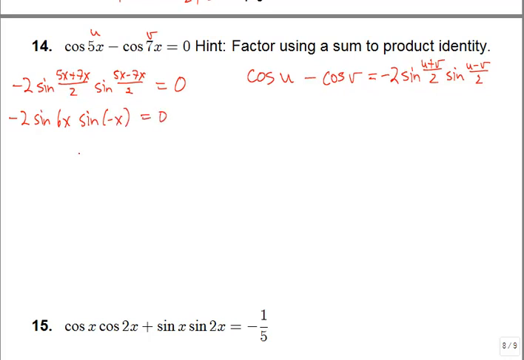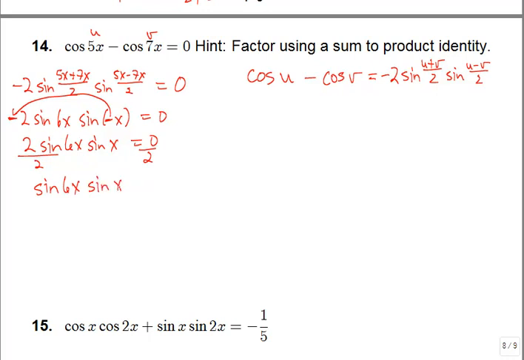Now a couple of simplification things here. We know that sine is an odd function, which means if you have a negative inside next to that x, you can pull that negative out. So this negative is going to cancel out this negative here, and we're left with a positive 2. Now what about that 2? Well, it's just a constant, so we can divide both sides by 2 to clear it out of the way.